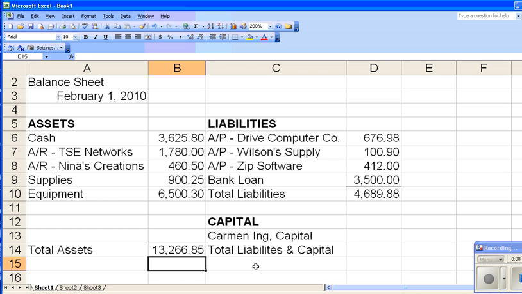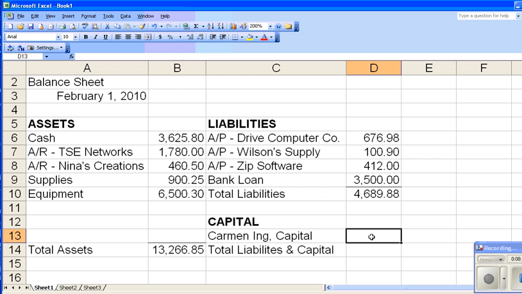If you recall from doing our accounting equation assignment, in order for us to determine what Carmen Ng's capital is, we need to take our total assets, which we find here, and subtract our total liabilities, which we find here.